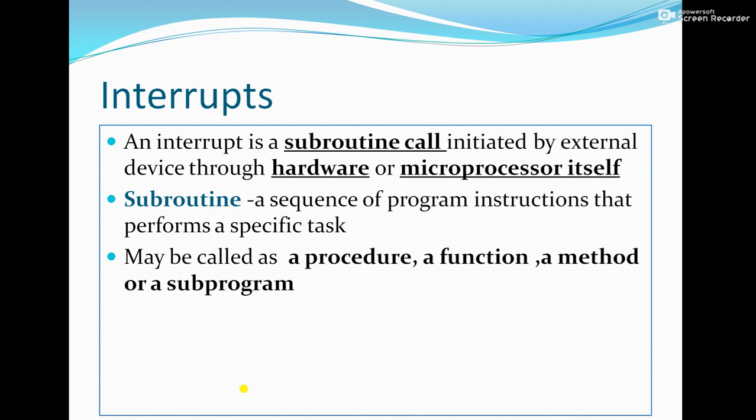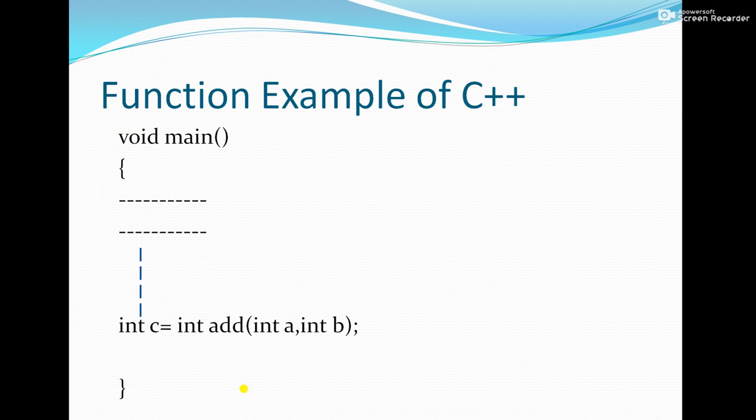For better understanding, we will take an example of C++. This is the example of a function in C++. You know that C++ is a higher level language, and the programs which are written in 8085 are assembly language programs.